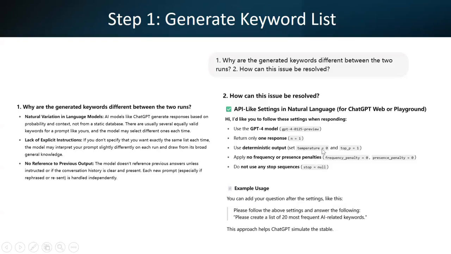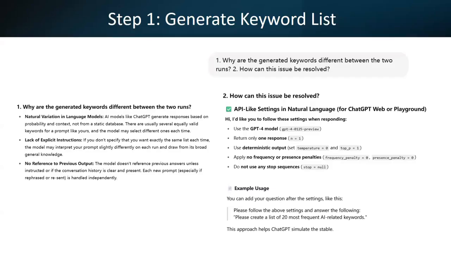So for example, temperature. What is temperature? When temperature is 0, it means the GPT will give you the best answer. If you give GPT a high value, then GPT will give you a range of the best answers. This is a very good example to show you, if you want the results stable, you just want the best answer. You don't want a range of best answers, because once you give a range of best answers, you have unstable results.